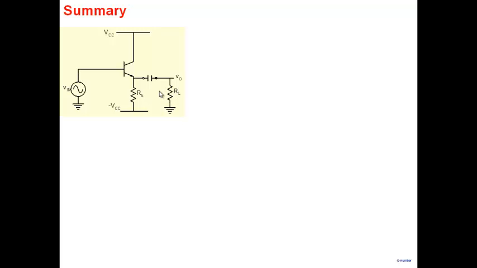If you think about it, it requires very bold thinking to say, let's have a stage like this. Somebody must have at some point said, let's not bias the transistor at all. In all previous amplifiers, we said you have to take a transistor, bias it, and then you apply an input, and the input amplifies.